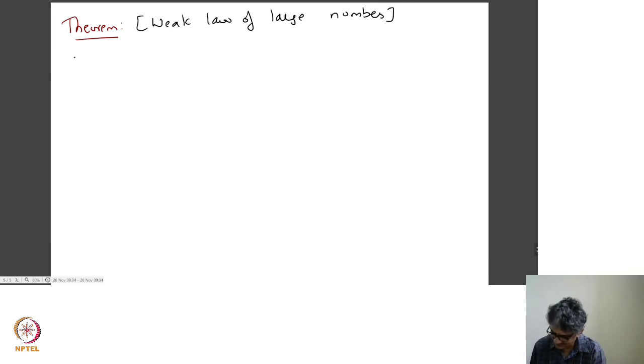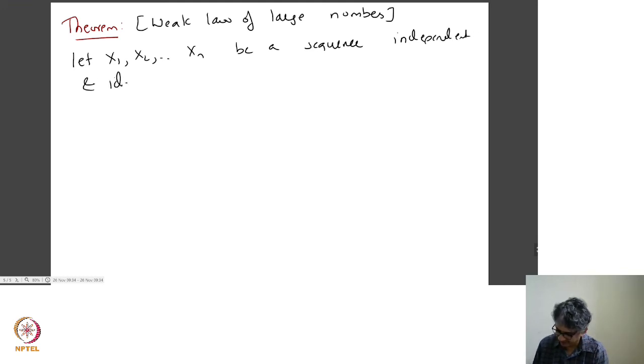This says that, let X1, X2, ..., Xn be a sequence of independent and identically distributed random variables.